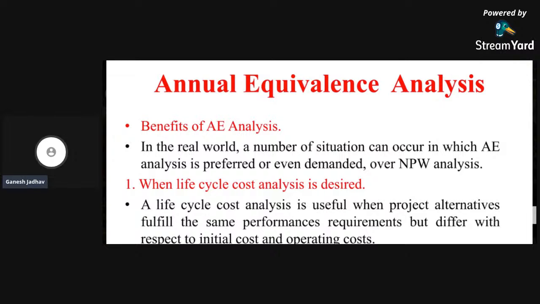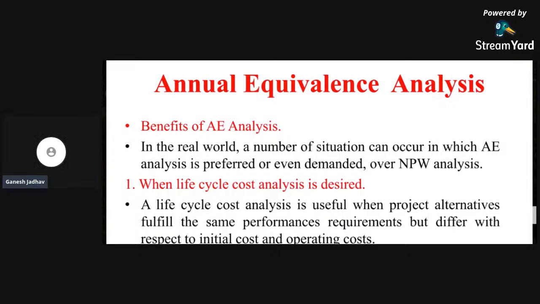So you can say that in the real world, a number of situations can occur in the AE analysis. Okay, so whenever you have a job in an IT company, then you get that amount of the package. Okay, that amount of the package, so you can say that this is also one of the benefits.